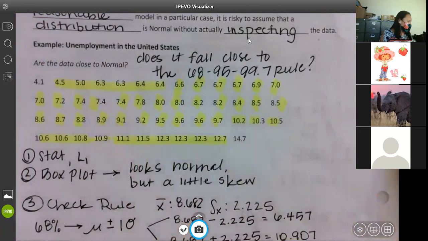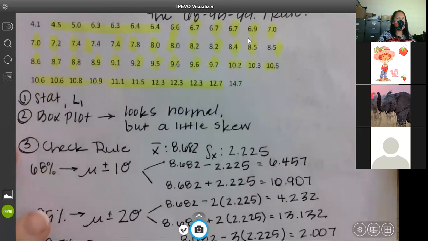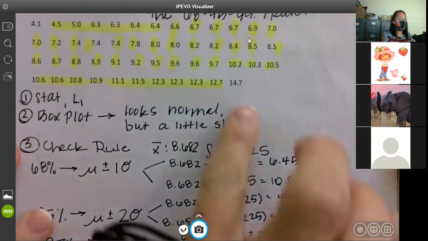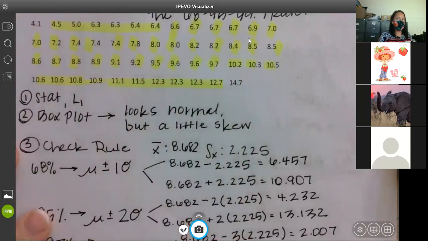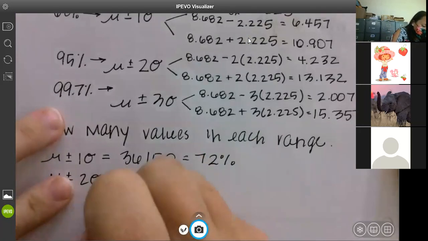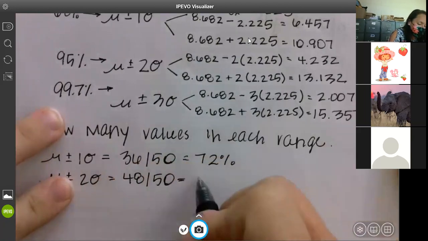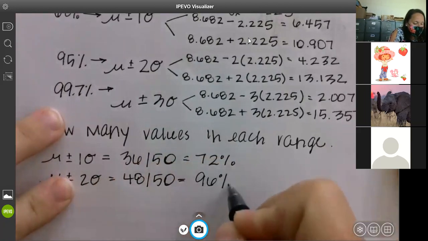Be smart about this. I have not shaded or highlighted 2 of the values. So how many are left? There were 50. I didn't do 2 of them. 48, thank you. So we got 48 out of 50, which is 96%.